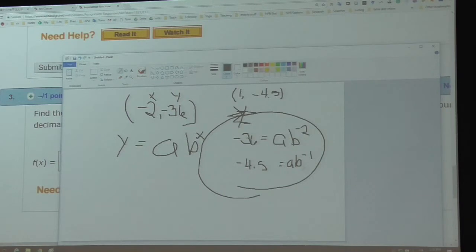Does everybody know how I wrote these two equations? If it has to go through this point, that means it has to satisfy this equation. Everyone see that? Sir, why would you write -1 after the... Oh, okay, thank you.